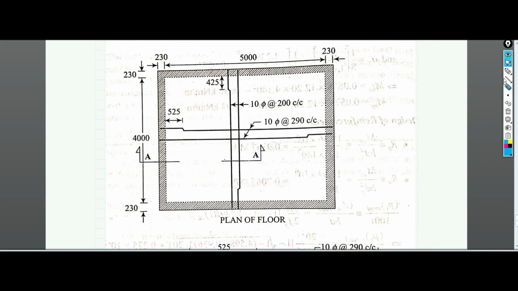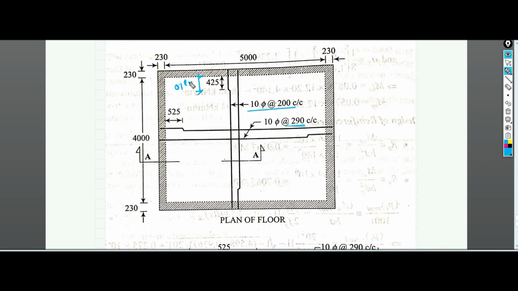So this is the drawing, suppose. This is the 4-meter side, so we'll have a spacing of 200 mm center to center. Along the longer side we'll have a spacing of 290 center to center, and it is said that 50% of the bars should be cranked to the top, and the distance should be 0.1 lx.